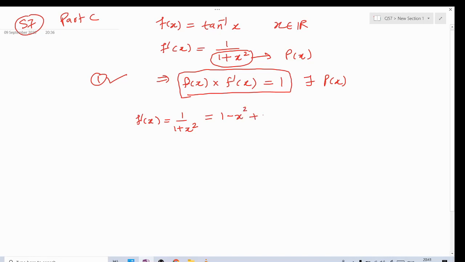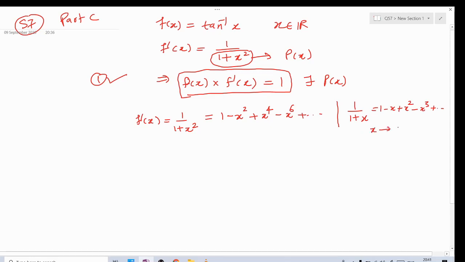What will be the next term? x raised to 4. The next term will be minus x raised to 6, and so on. So see how we got the series. We know that 1 upon 1 plus x is 1 minus x plus x square minus x cube, and so on. We have just replaced x by x square, and we got this series.